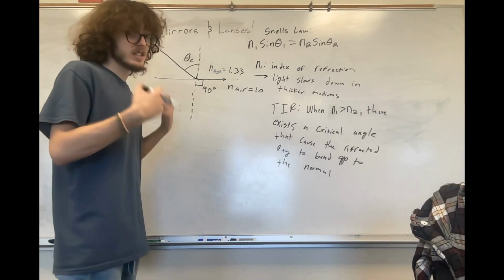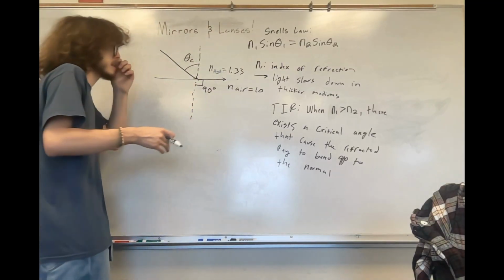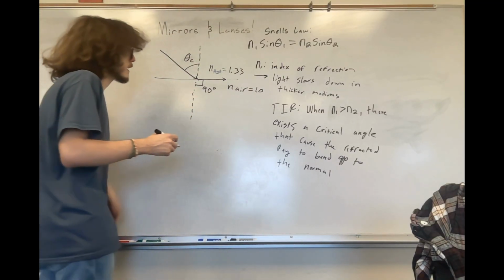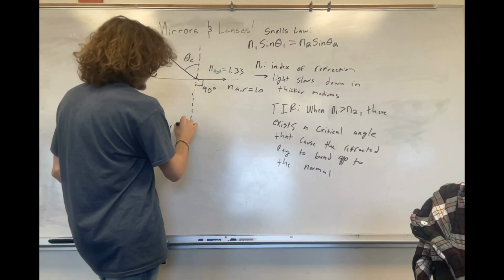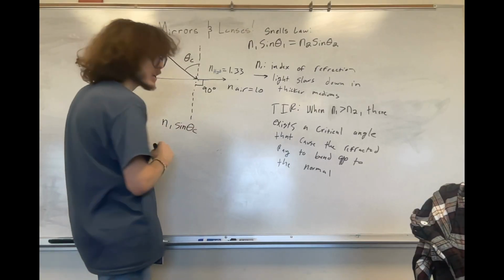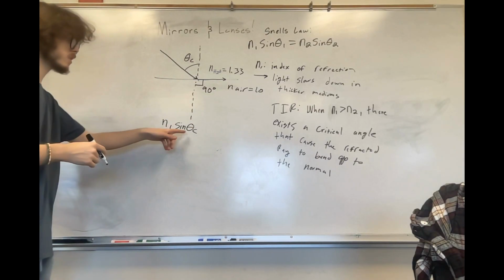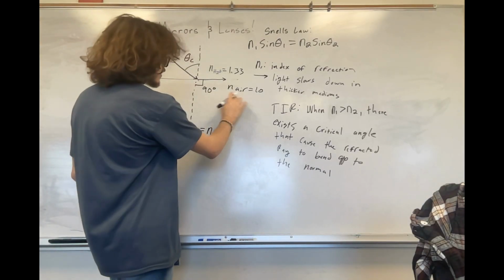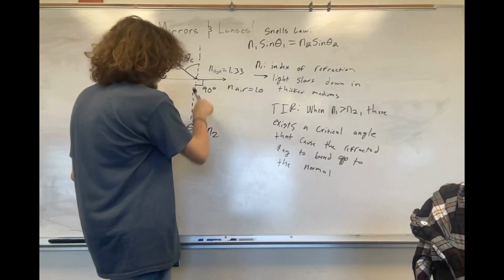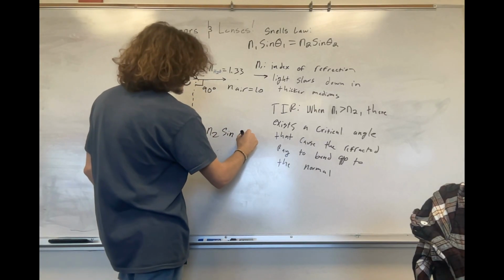How we solve for this is Snell's law. I hope we've seen this literally a few seconds ago. Okay, so n1 sine of theta 1, where theta 1 is now theta c, which is the critical angle. That's what we're going to call the critical angle. And remember, n2 is in this case air, or your refracted medium, and sine of 90 is a given.